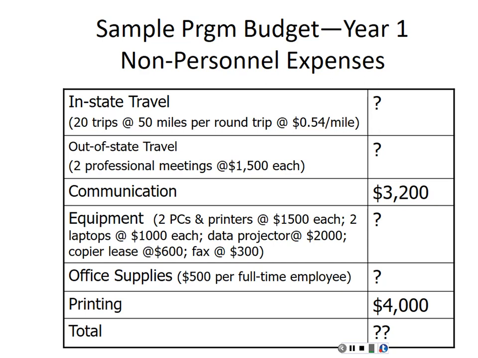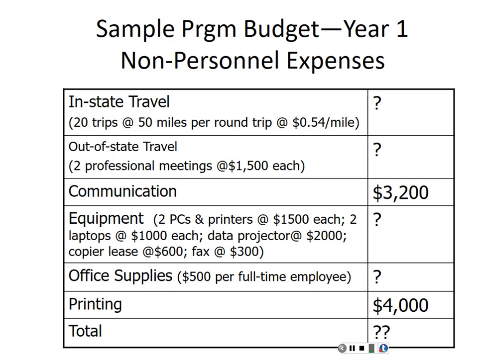Office supplies is going to be everything from pens, pencils, papers, folders, printer cartridges, etc. Again, this is typically for budgeting purposes bundled up and estimated at somewhere between $500 to $1,000 per full-time employee per year.